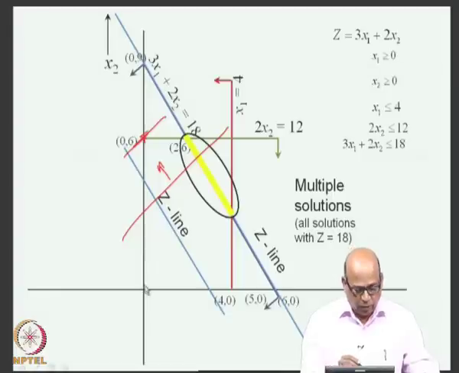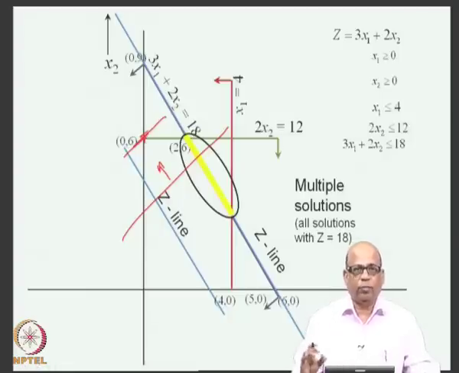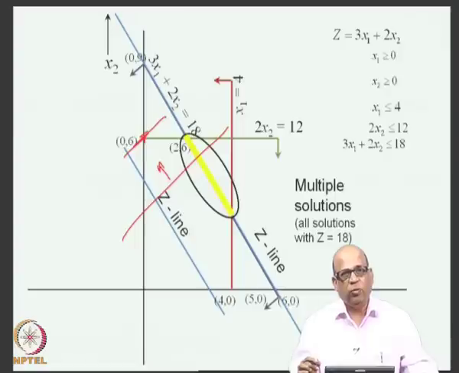So, if we start the solution with some assumed value, let us say x 1 is equal to 0, x 2 is equal to 0 was here, which would have been z is equal to 0, and moved from this point to this point, and so on, which means we enumerated the solutions at all the corner points, and then picked up the one that leads to the maximum.